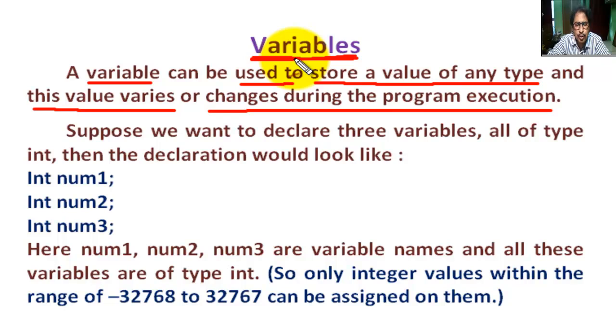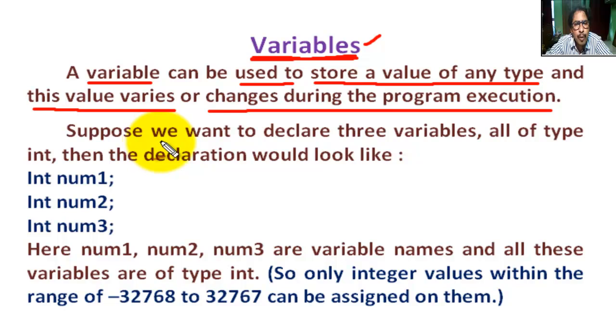Variables can change their value at any time. Okay. A variable is a named memory location which temporarily stores data that can change while the program is running.